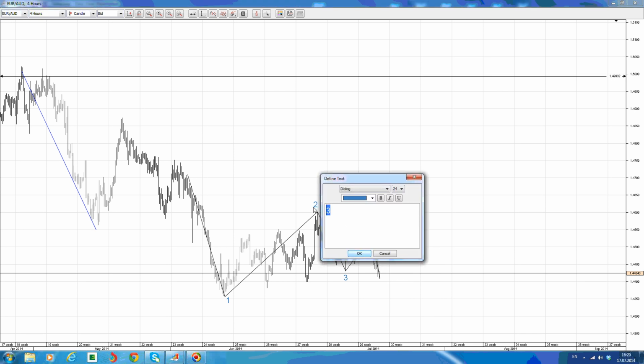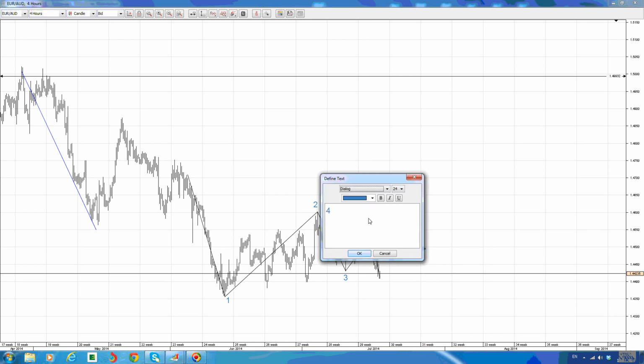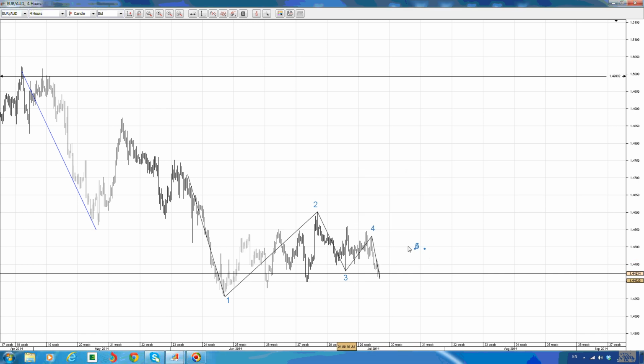And then we have the fifth wave to the downside, but the fifth wave, we just said that it's impossible for it to be bigger than the third wave. Now the possible fifth wave, as you can see in this situation, goes and breaks the levels in the previous third wave. That invalidates the third wave here.